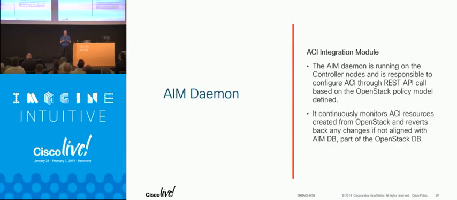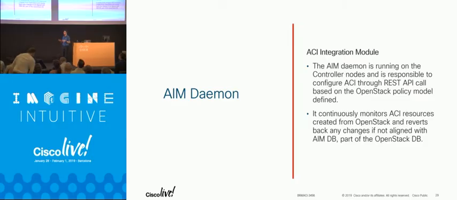What is the ACI integration module? The ACI integration module is that little process running in the controller node from an OpenStack standpoint. It is basically the controller responsible for making RESTful API calls towards the APIC controller. It takes the rules, the policy, which are provisioned from the Neutron server and translated by the ML2 plugin, the unified plugin.